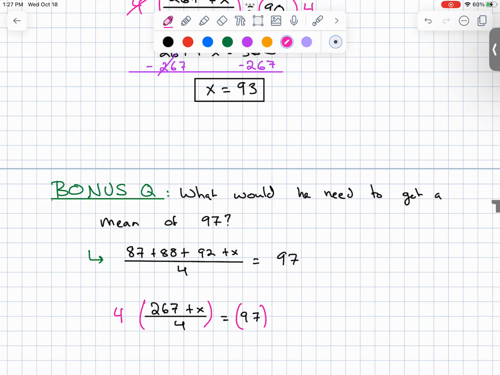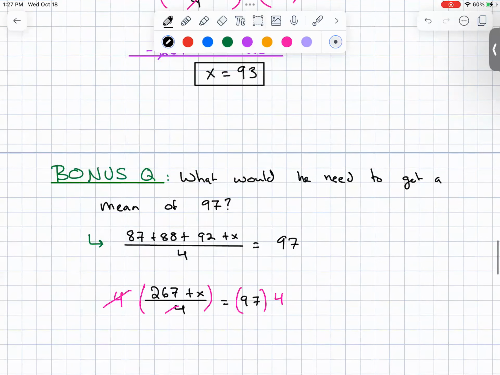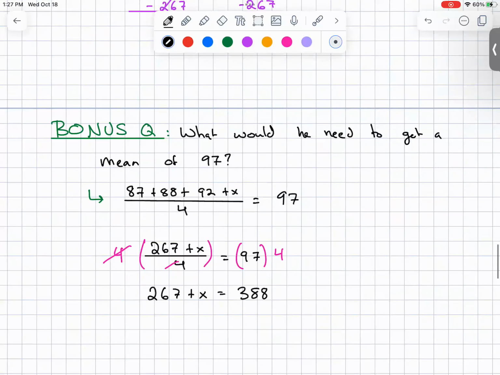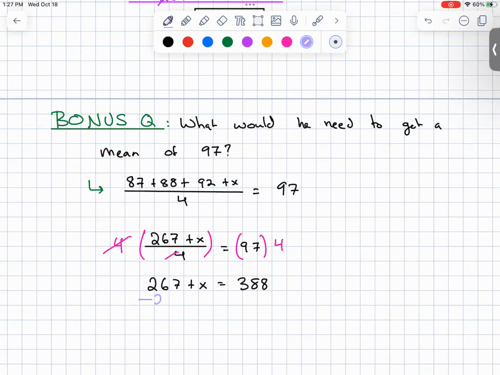So we'll multiply both sides by 4 to cancel the 4s on the left. You get 267 plus X is equal to 97 times 4, 388. And once again, subtract 267 from both sides. And you get that X is equal to 121, which is not feasible.